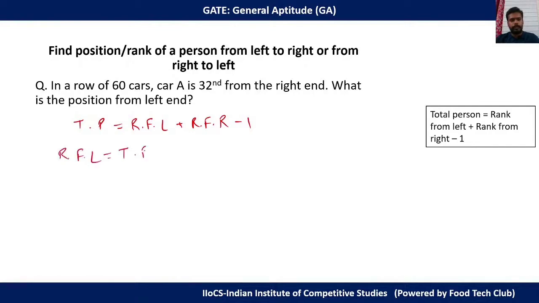It will be total person minus rank from right plus 1. So total person, total cars, is 60, minus rank from right, which is given as 32, plus 1. 60 minus 32 is 28, plus 1, giving me 29. This is the answer.